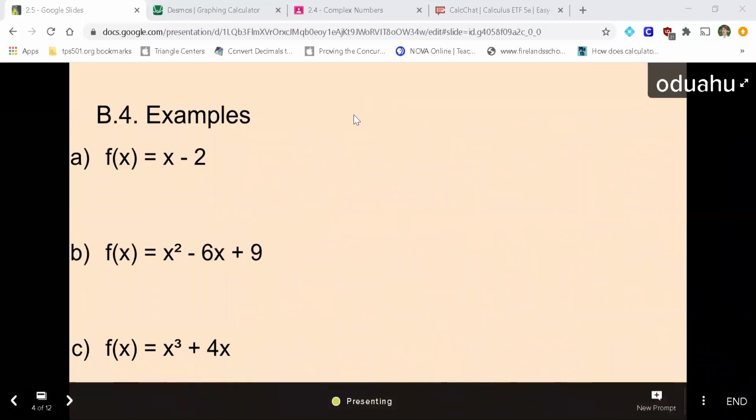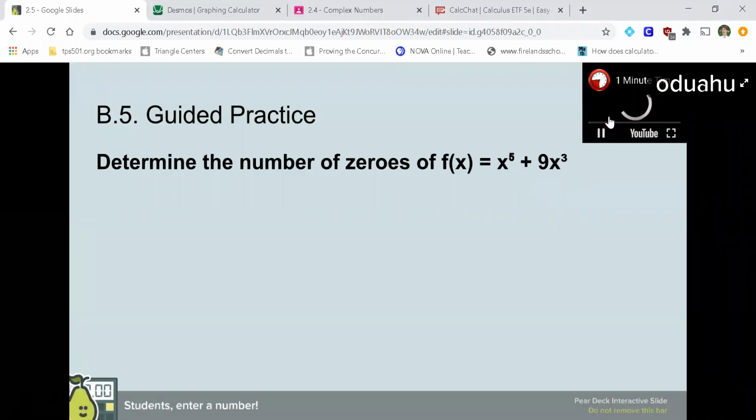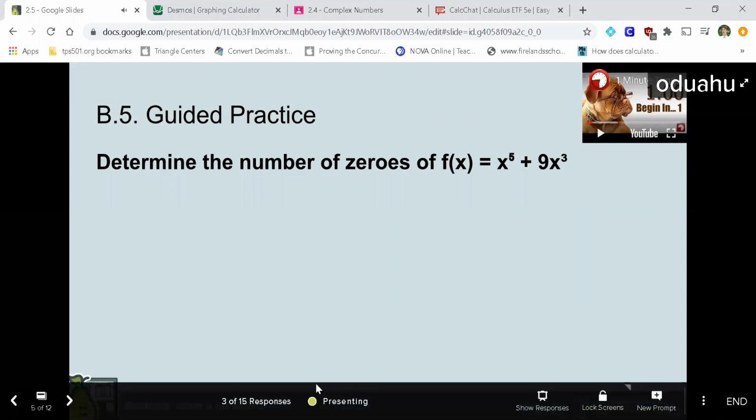It's your turn then. Tell me how many zeros this function has. And then if you can find out what the zeros are, that would be great. I'll give you 1 minute. But in Pear Deck, all I want is how many zeros does it have? That's it. Just how many complex zeros. You should, on your own, see if you can find out what all of them are.